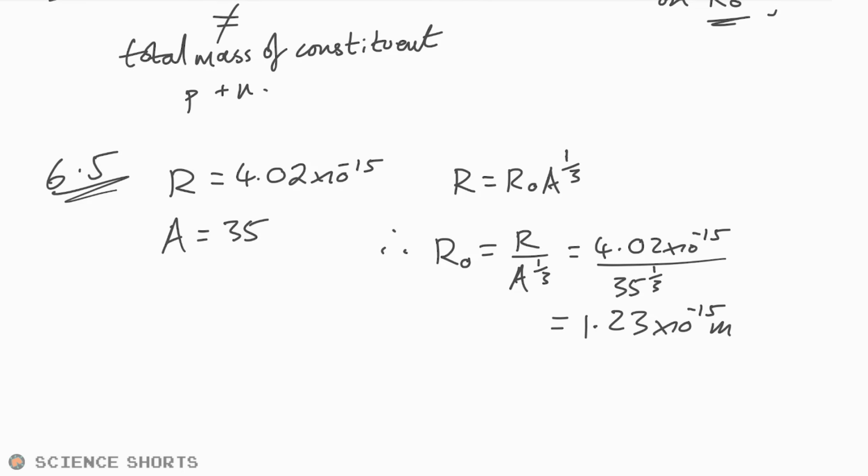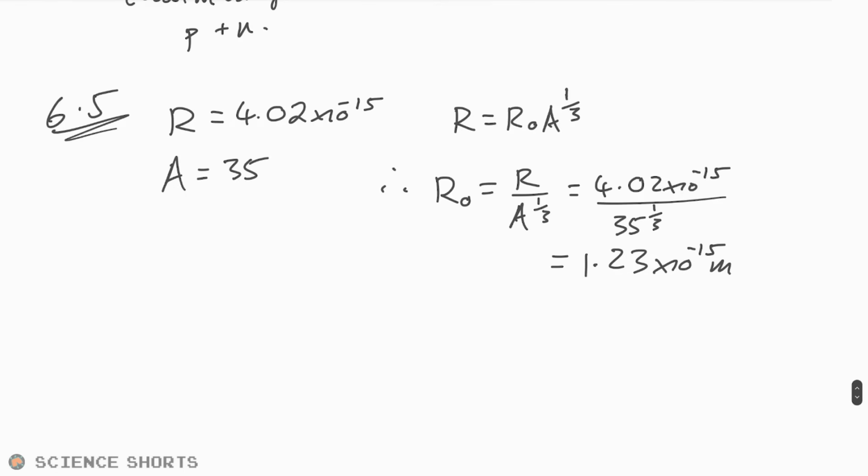Okay, we're also looking for the density. So density is equal to, like we said, total mass over volume. That's going to be A times the mass of a nucleon, I'll say Mn for the mass of a nucleon, divided by 4/3 pi r cubed.